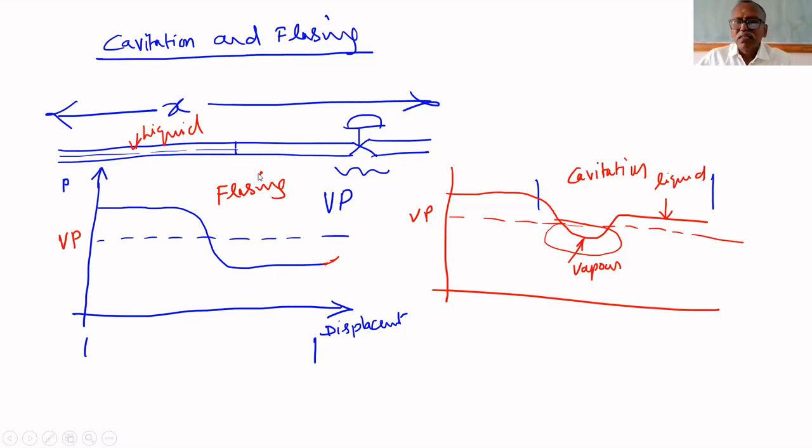That's why noise will be generated by this valve, and these bubbles will bombard the walls of the valve. That's why it will corrode. The walls of the valve will be corroded after some time. That's why cavitation will damage the valve.